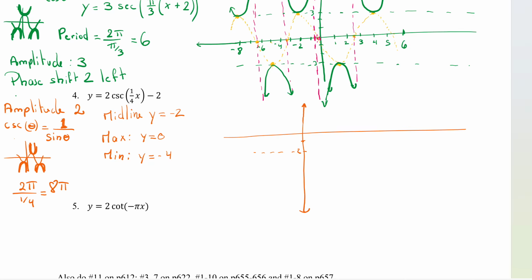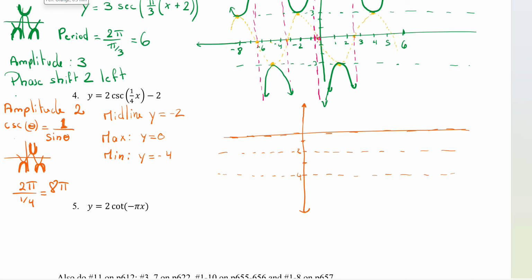Okay, so here is my midline. The max is going to be at 0 right there, and the minimum is going to be at -4. The base function is sine, and then I'm going to use the base of a sine to build my cosecant.